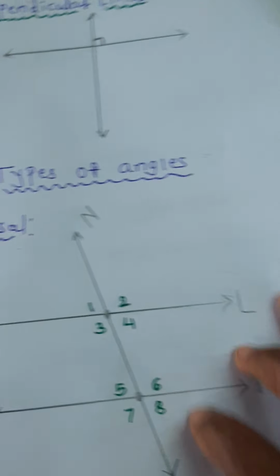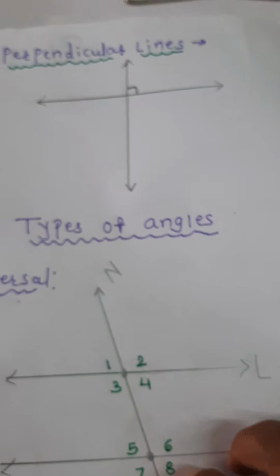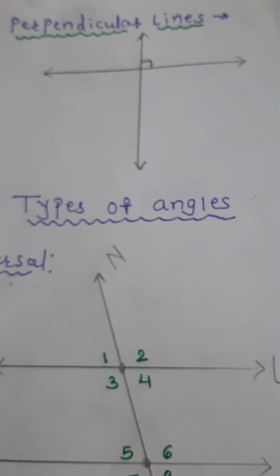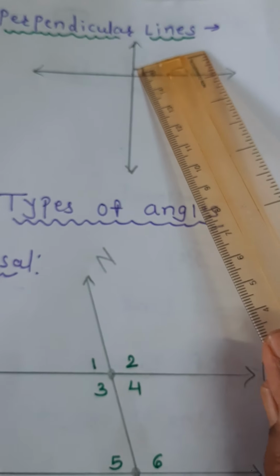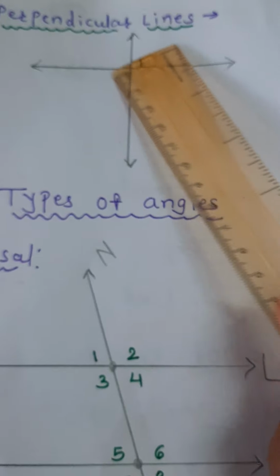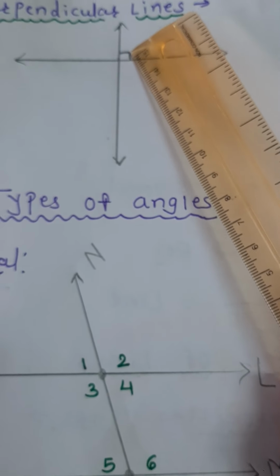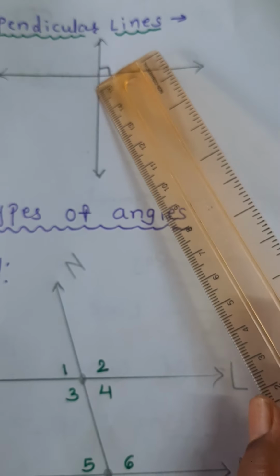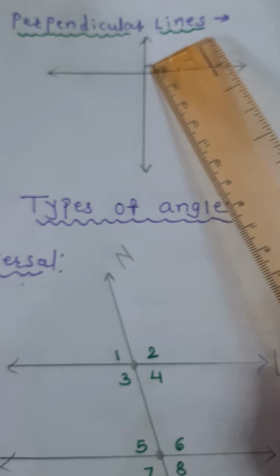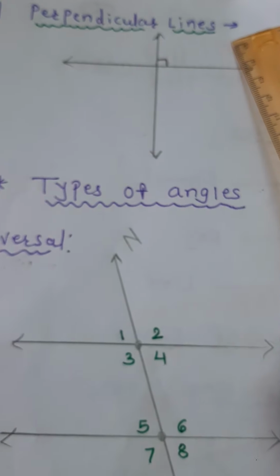When two lines intersect each other and form an angle of 90 degrees, they are said to be perpendicular lines. They are also intersecting, but here, after intersecting each other, a right angle is formed. So they are perpendicular lines.